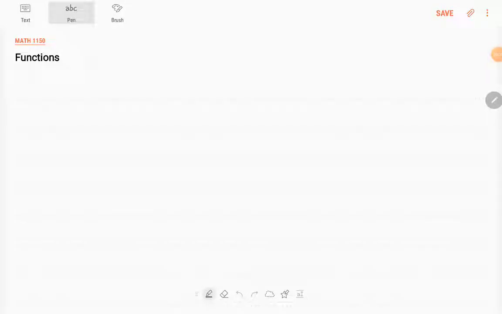Now we want to talk about a very important definition, which is function. Now let's look at the definition for the function.